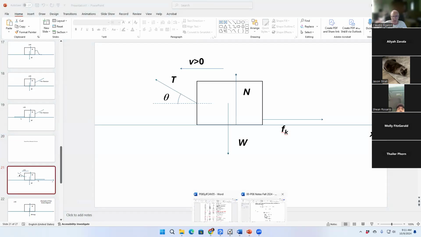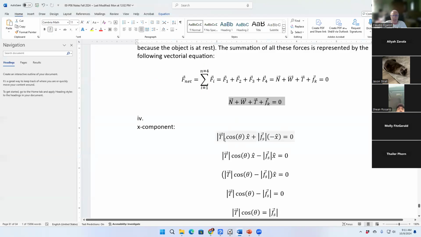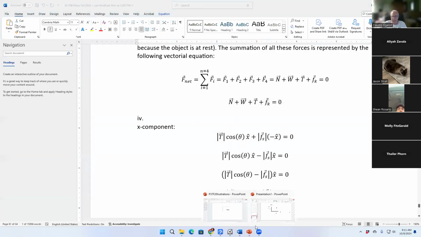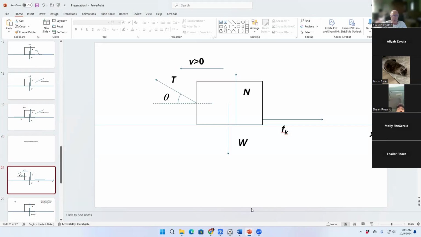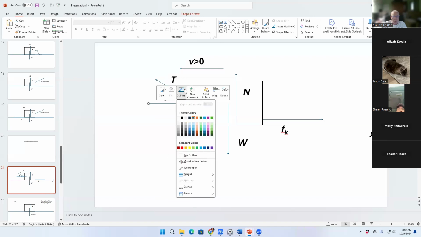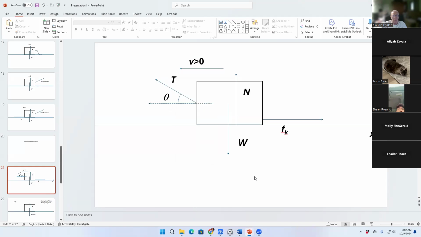So let's go back here. Tension cosine of theta. I'm going to illustrate the horizontal component of the tension, and I'm going to dash it. We have to shorten it just a little bit.